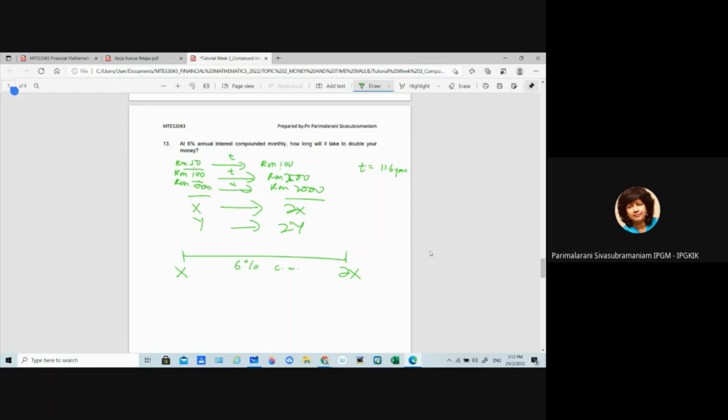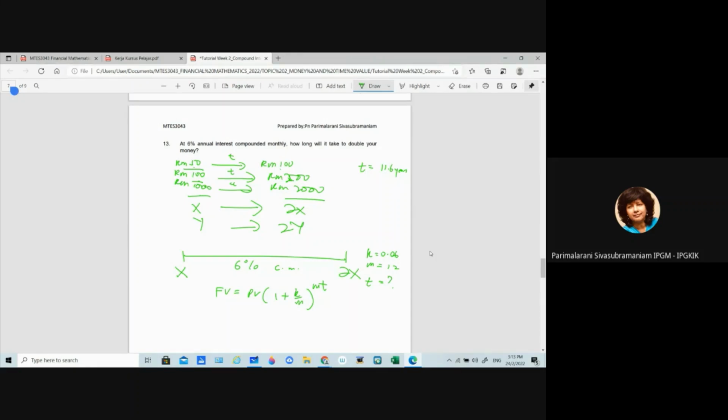From here, you know that K is 0.06, M is 12, and T is what we don't know, this is what we want to find. Using our formula, future value is present value times (1 plus K over M) to the power of MT. Because I know K and M, I'm changing the I straight away to K over M.